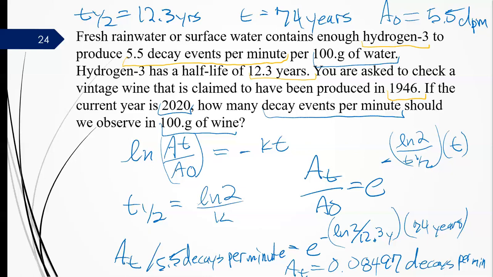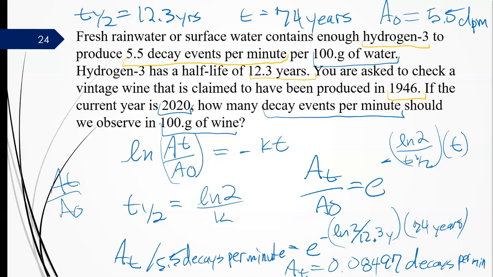So for your exam, you've already seen several different types of dating problems, right? There was the one today where you had to find the final amounts. You also had to find half-lives, right? So all of that is tied up in this. We also had it where you had a certain fraction of the material left over, so all that does is plug in for the AT over A naught ratio.